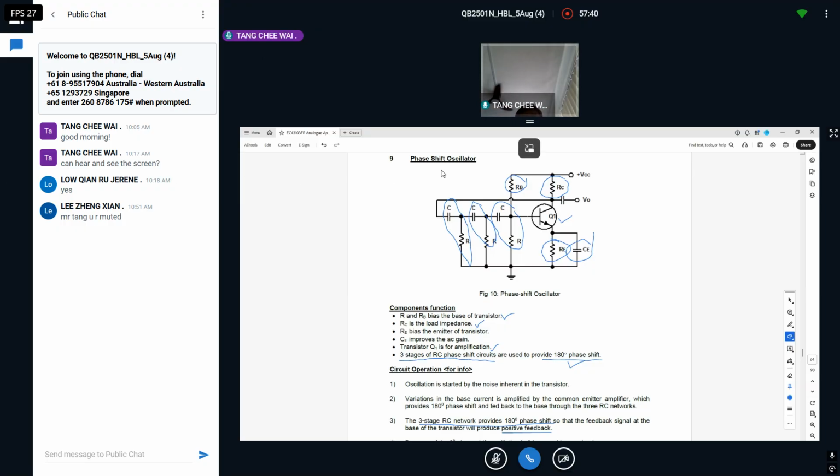The three stages of RC circuits give you a total of 180 degrees phase shift. So my question is, what about one circuit? If three give you 180, one RC phase shift circuit will give you how many degrees? Can someone make an attempt?